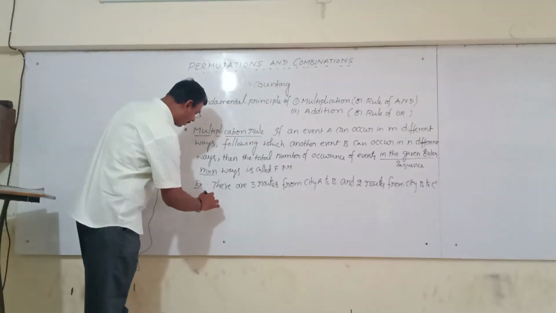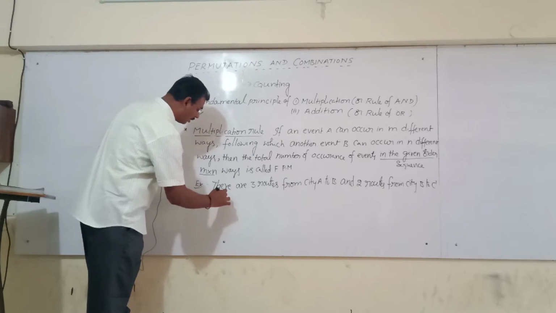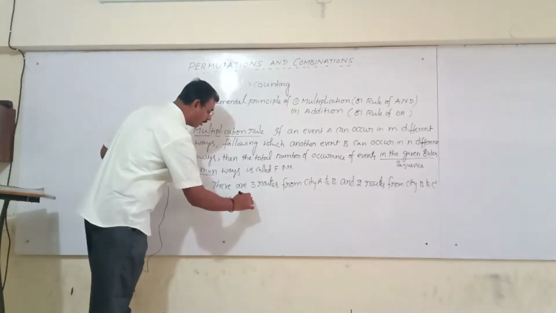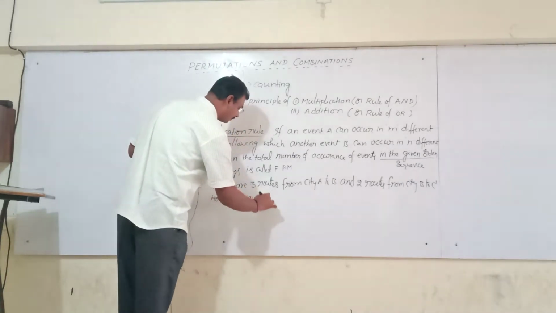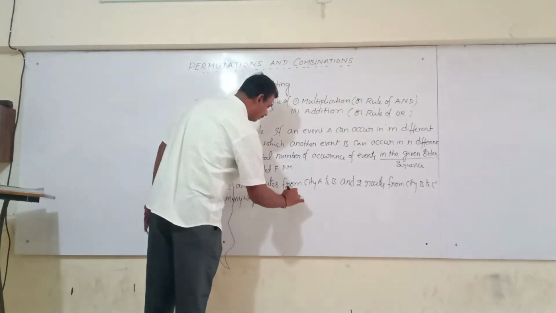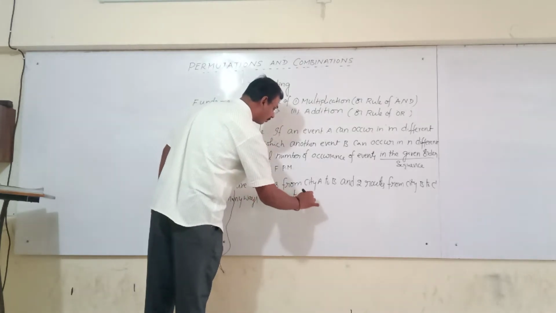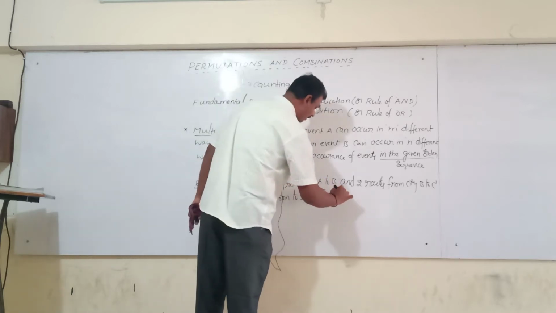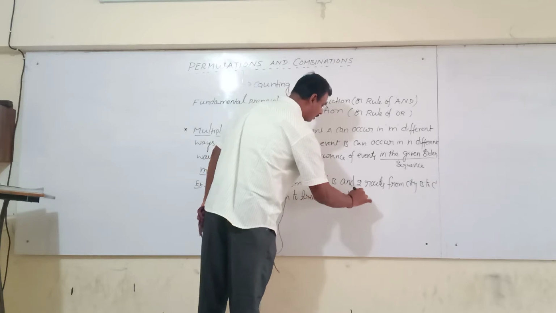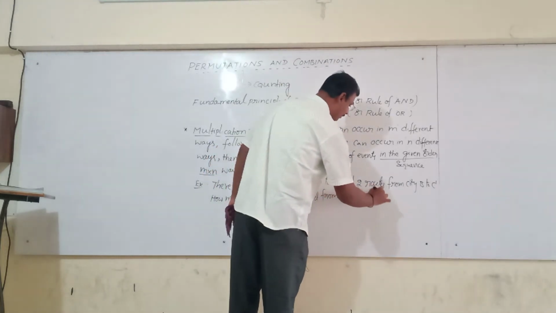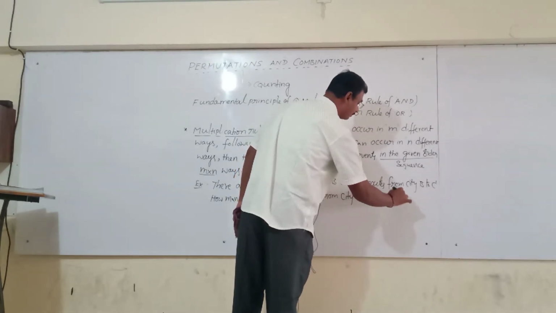In how many ways can a person travel from city A to city C via city B?